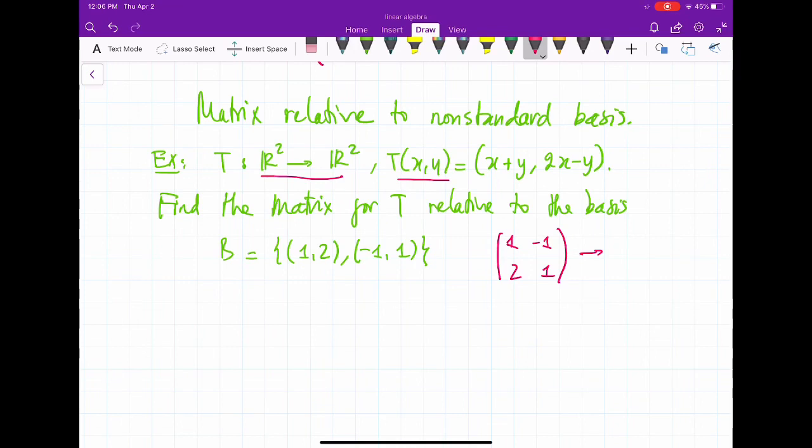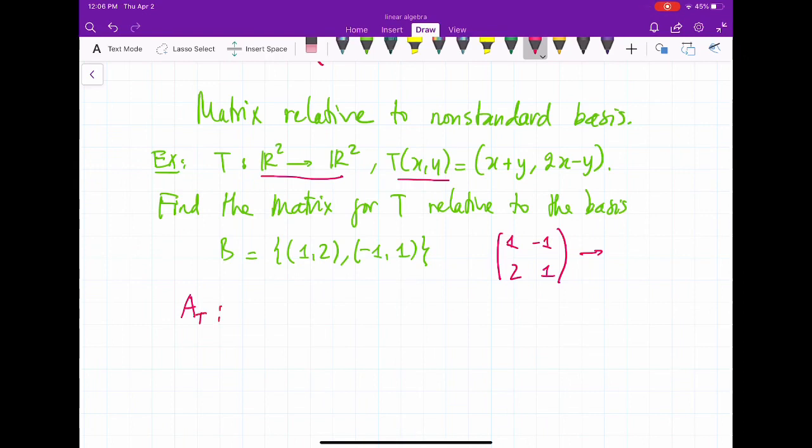Now how to find the matrix for T with respect to this basis? In the above example, when we studied the matrix A for T, we mentioned one thing.